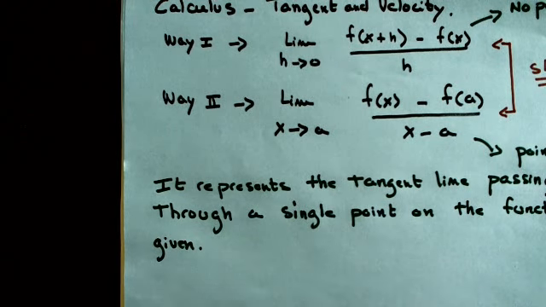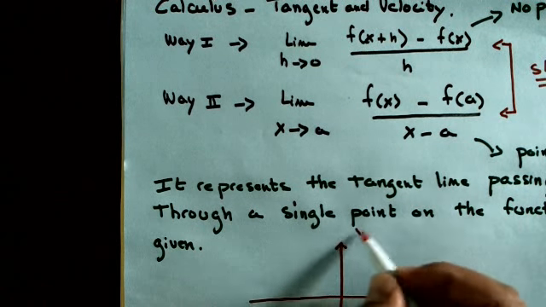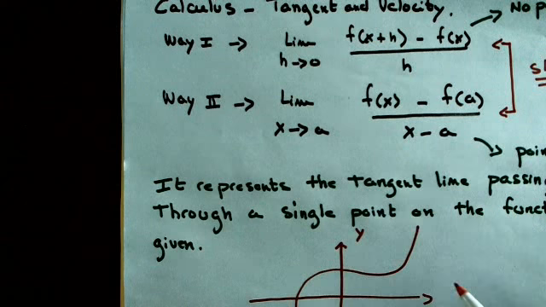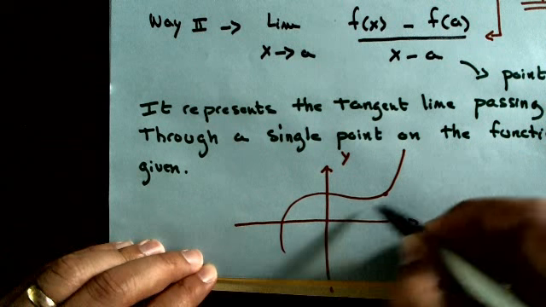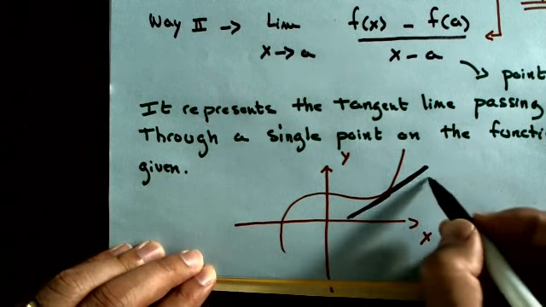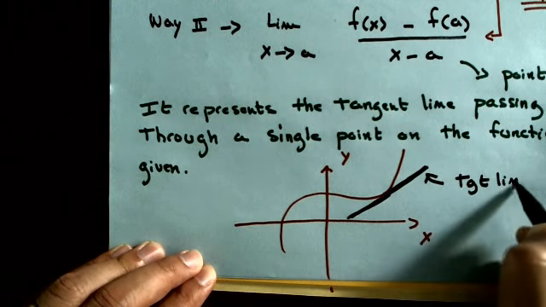So one thing to remember: this is your y, this is your x. If I have a line going something like this, and there's a point right there, and you draw a line passing through this point, this represents the tangent line.